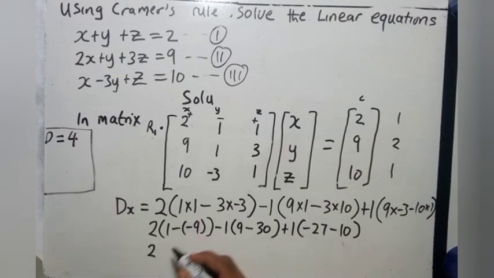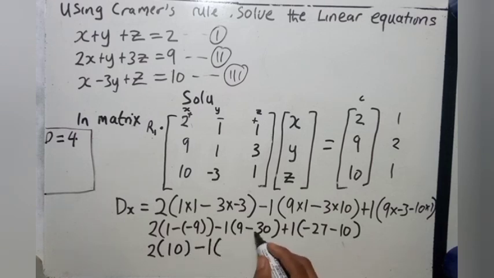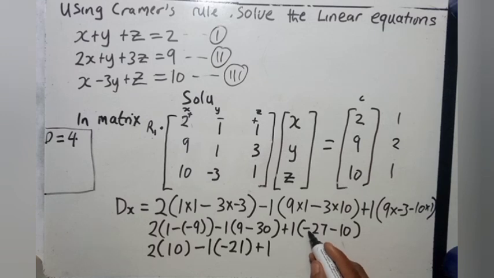Now, to simplify further, we have 1 minus 9, which is written as 1 plus 9, and that gives us 10. Minus 9 minus 30 is what? Minus 21, plus 1, minus 37 minus 10. We have minus 37.